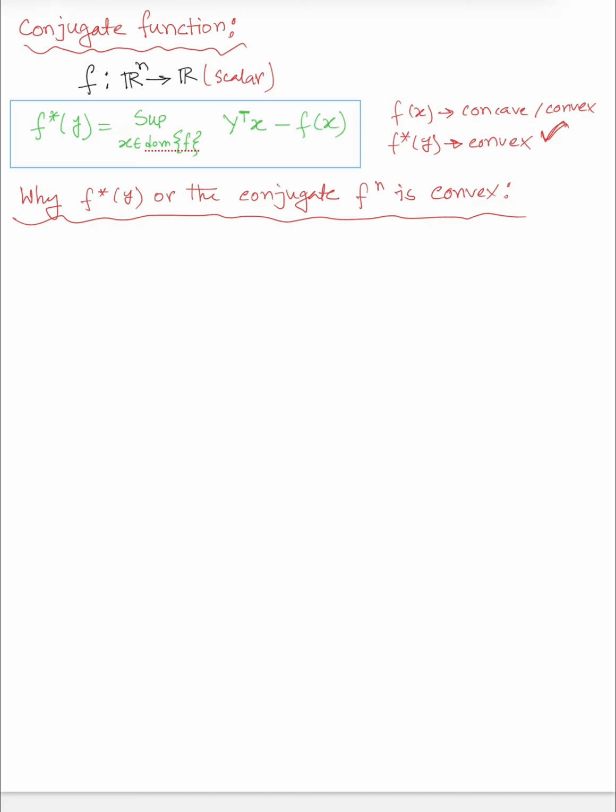So let's start with the first portion, this one: y transpose x minus f of x.